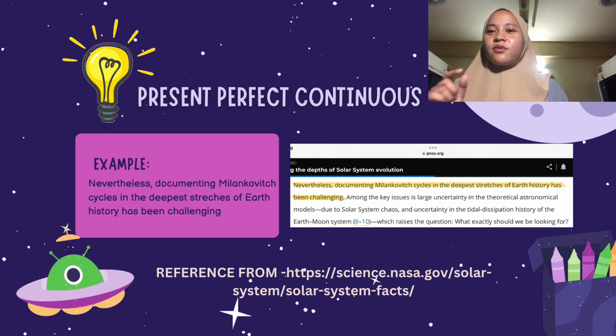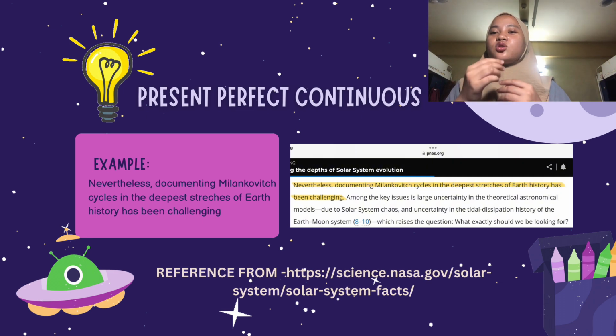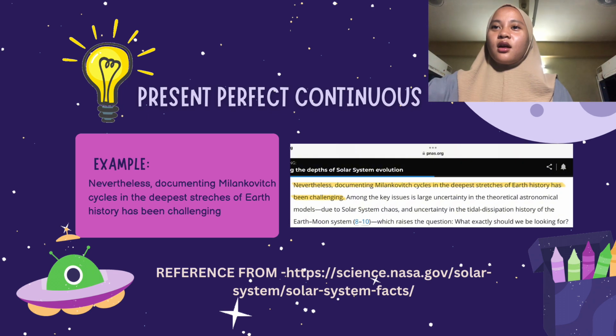Next is present perfect continuous tense, which is used to talk about something that started in the past and is continuing in the present time. To detect if a sentence is present perfect continuous, there must be a verb with ing and before it there is a has or have, so it must be has or have plus ing.